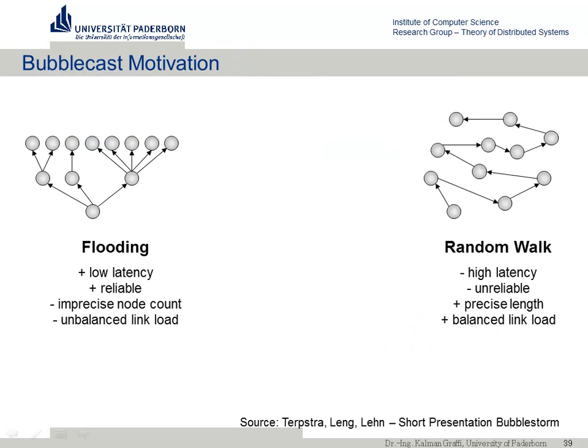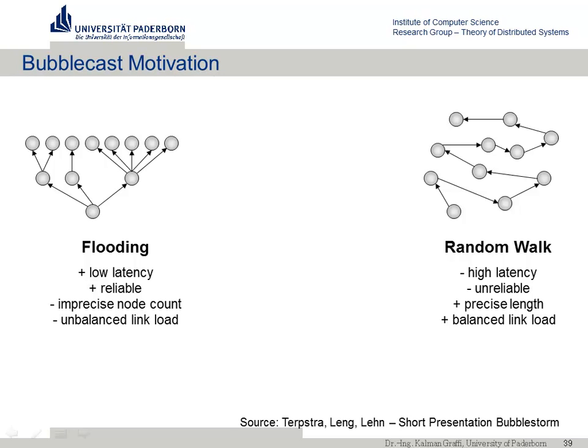And what's the motivation? The motivation for BubbleStorm was basically, in flooding you had low latency, you really quickly reached all the nodes that you were looking for, and it was reliable, so it worked if the nodes had enough bandwidth. But the problem was, if you flood, then you really cannot create the bubble sizes that you want, and some nodes are more strongly loaded than others if the neighbor count is the same.